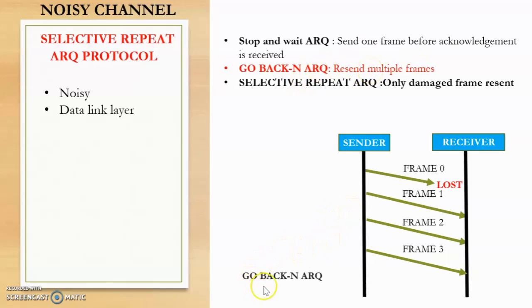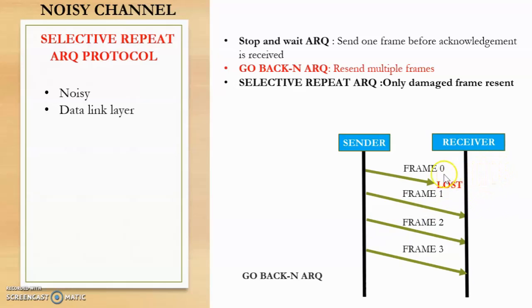So this is an example of go back n ARQ. Now suppose the sender has sent frames 0, 1, 2 and 3 and consider that frame 0 is lost during transmission. But in go back n ARQ, the receiver will always accept frames in order.